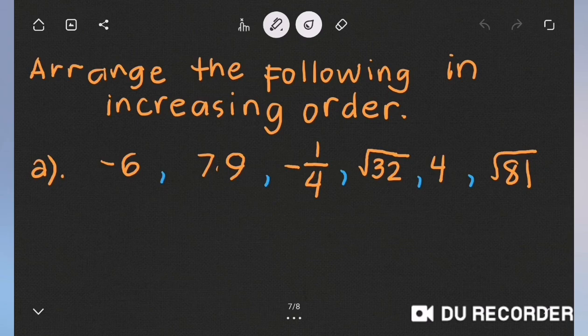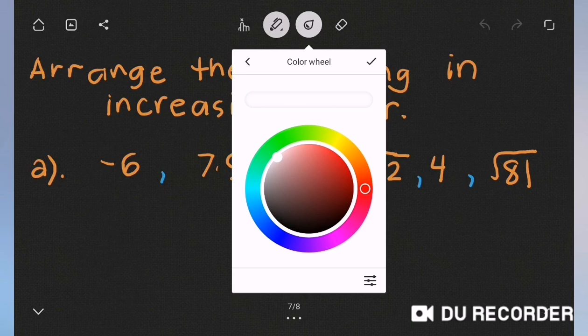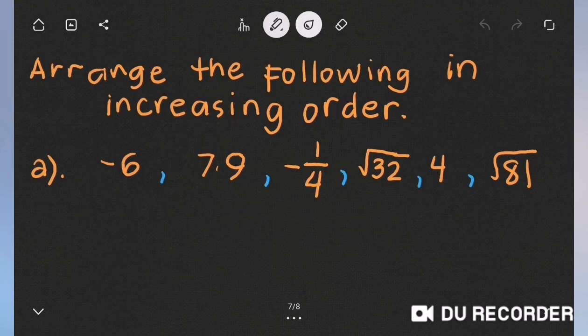Lahat siya ay real numbers. Kung i-arrange natin in increasing order, parang imposible at this moment kasi sila ay magkakaibang form. So ang pwede nating gawin ay iayos sila into same form or same type. Ang pinakamadali is to rewrite them into decimal form.